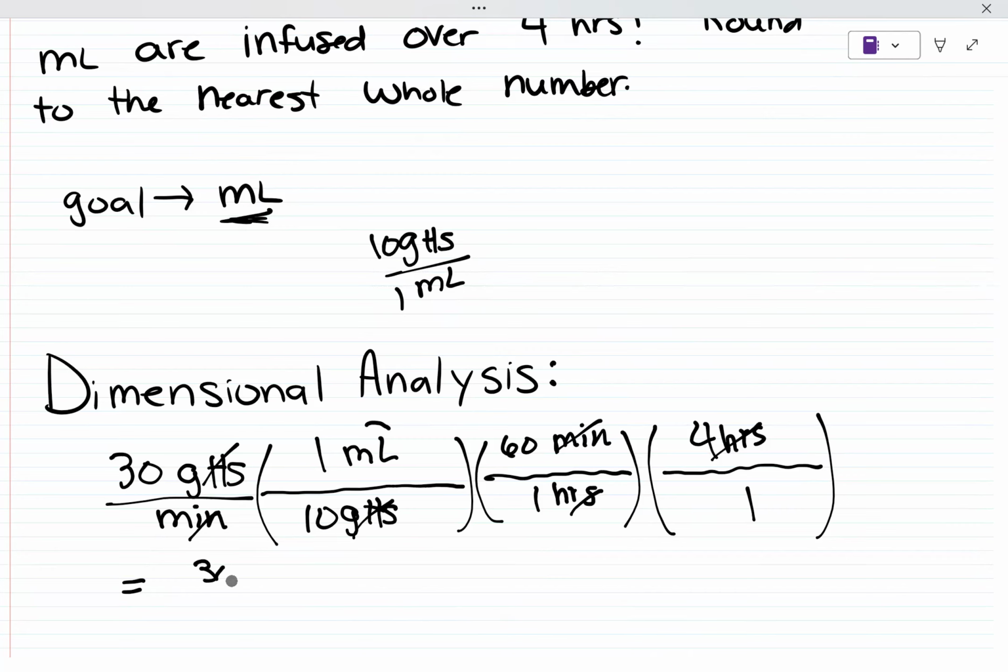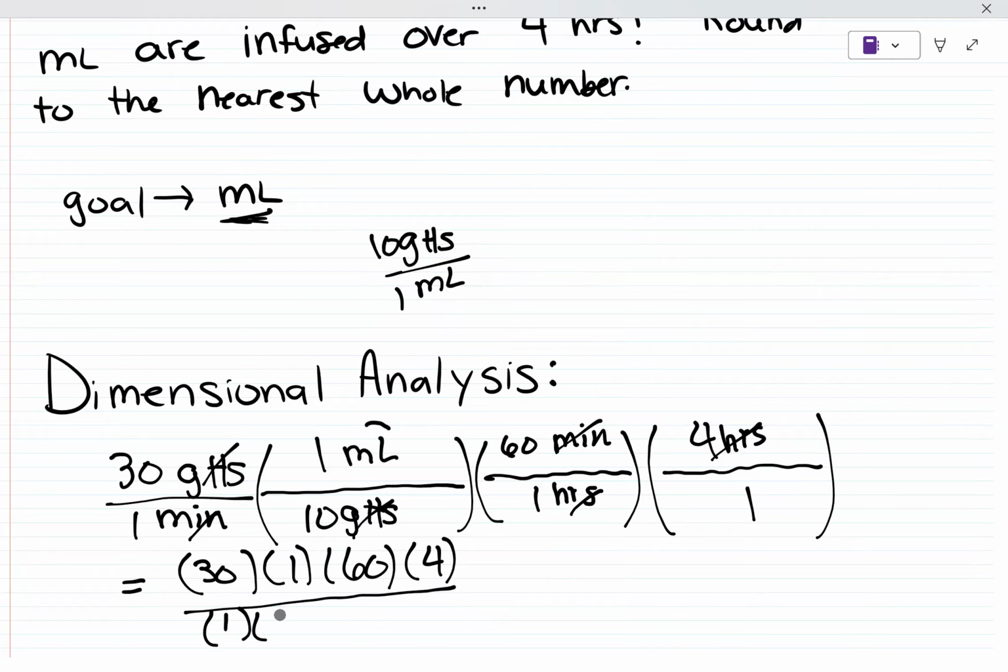Then just multiply across, or you can put it all in the calculator. I like to show every step. On the top, it's 30 times 1 times 60 times 4, and on the bottom, 1 times 10 times 1 times 1. As you can see, our final answer is in milliliters.